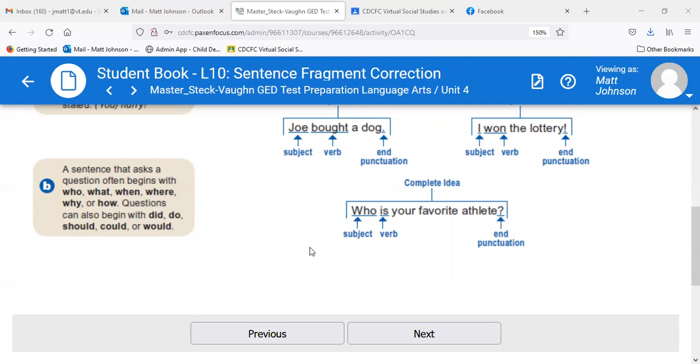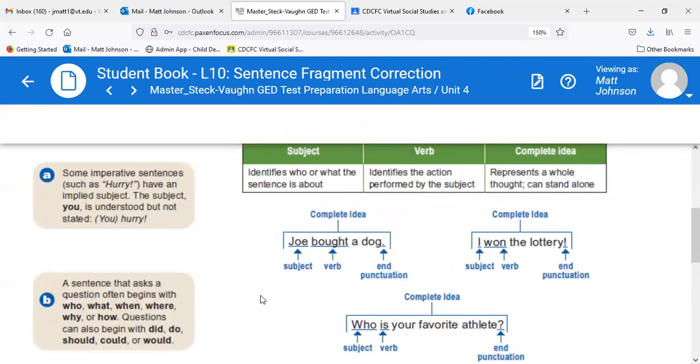So we take a look at our examples up here. We have "Joe bought a dog." Really simple, four-word sentence. Joe is the subject, bought is the verb, a dog makes that a complete sentence. That is what Joe is buying, a dog.